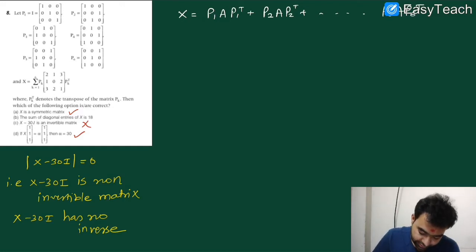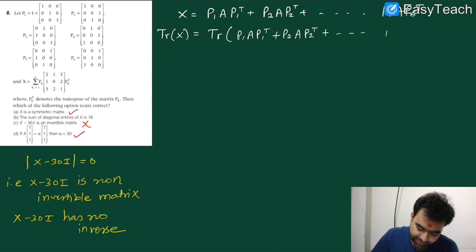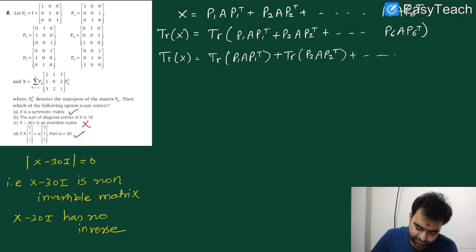So trace of X is same as trace of P1A P1 transpose plus P2A P2 transpose till P6A P6 transpose. So trace of X can be written as trace of P1A P1 transpose plus trace of P2A P2 transpose till trace of P6A P6 transpose.